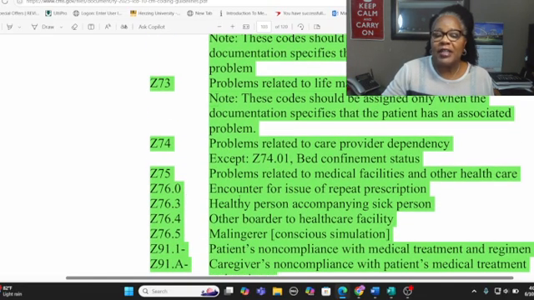Z76.0, encounter for issues of repeat prescription. Z76.3, healthy person accompanying sick person. Z76.4, other boarder to healthcare facility. Z76.5, malingerer, which is conscious simulation. Z91.1, patient non-compliance with medical treatment and regimen.